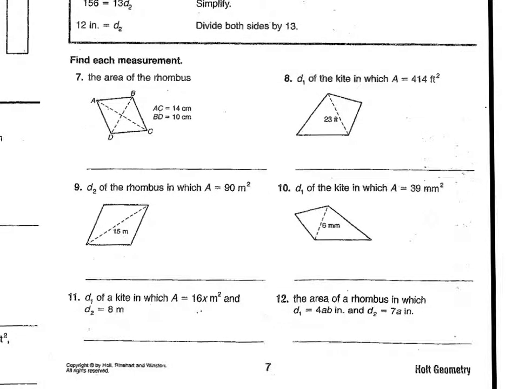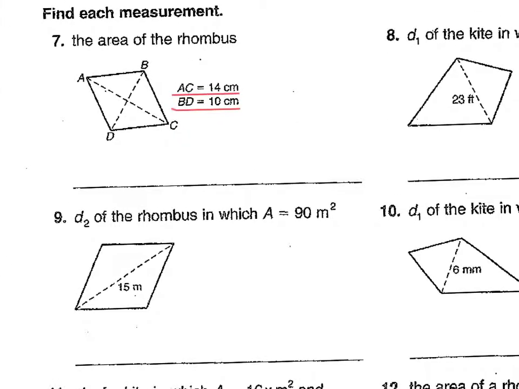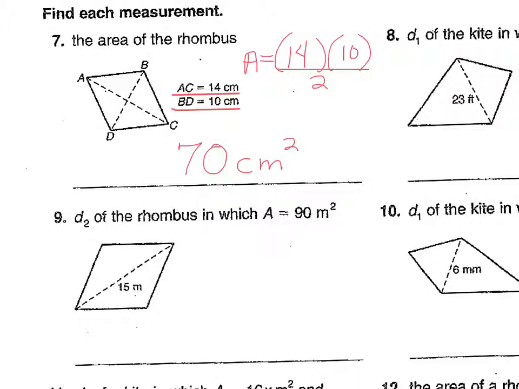They're giving me both dimensions. AC is D1, BD is D2. So I just need to put it into the formula. A equals D sub 1, which is 14, times D sub 2, which is 10, and then you take half of that, divided by 2. So 14 times 10 is 140, and then half of 140 is 70. This is area, so it's 70 square centimeters.